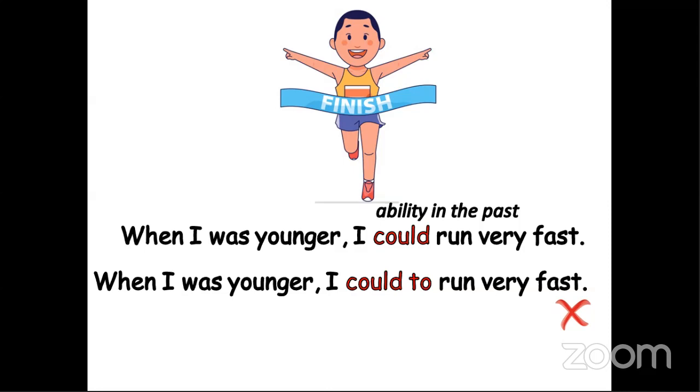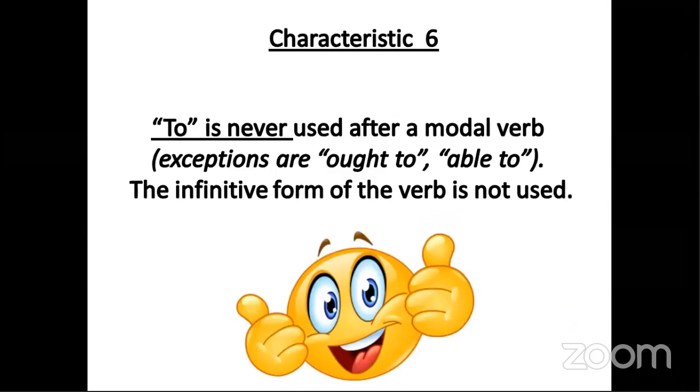So to is never used after the modal verb. So this brings us to the sixth characteristic. And what is it? To is never used after a modal verb. Exceptions are ought to, able to, need to. The infinitive form of the verb is not used.